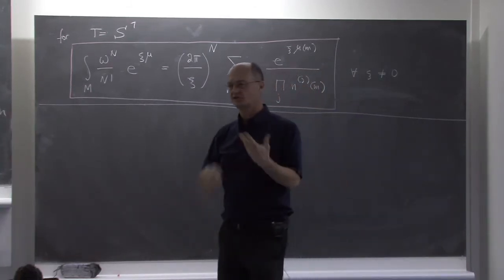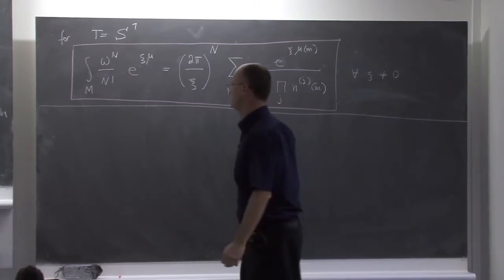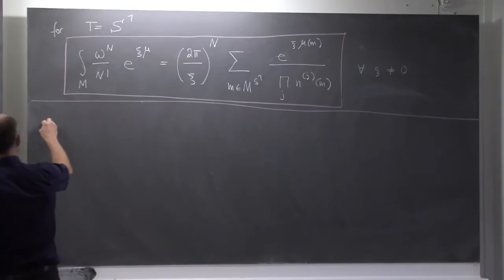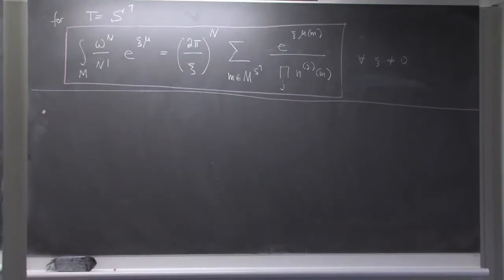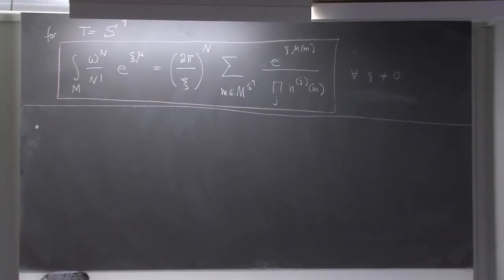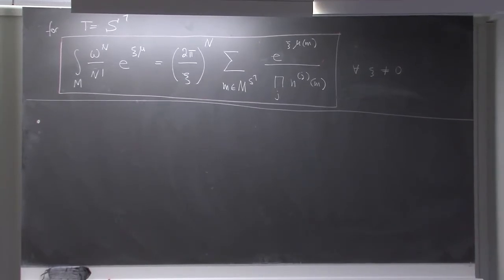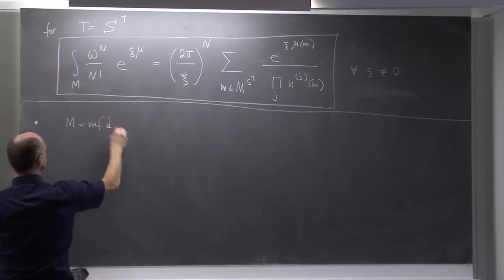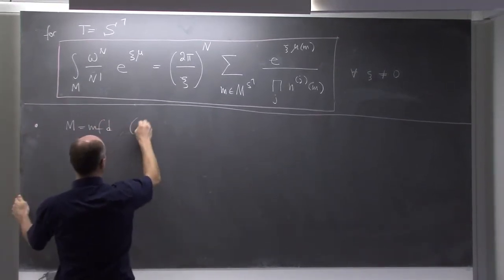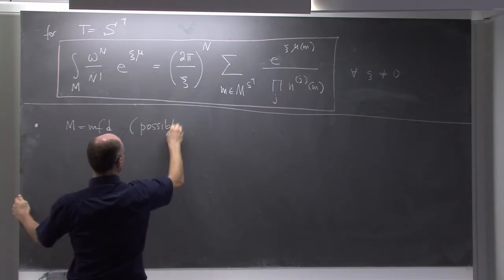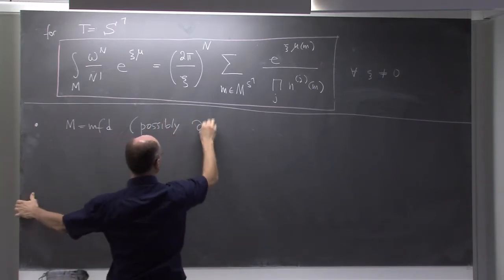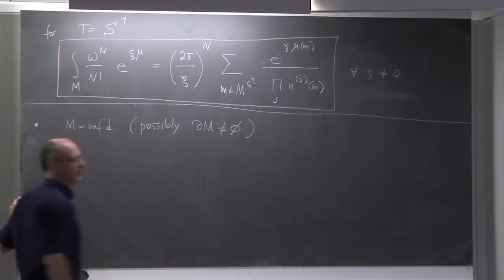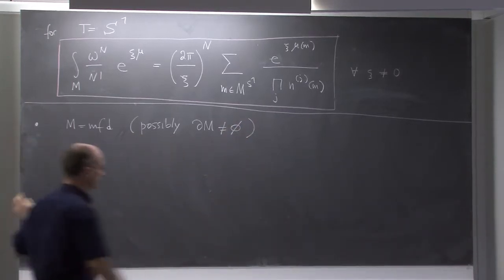Now there will be several things that we will need to build for the proof. And let me start with the following remark. So let's take M, a manifold, and let's say possibly with non-empty boundary.